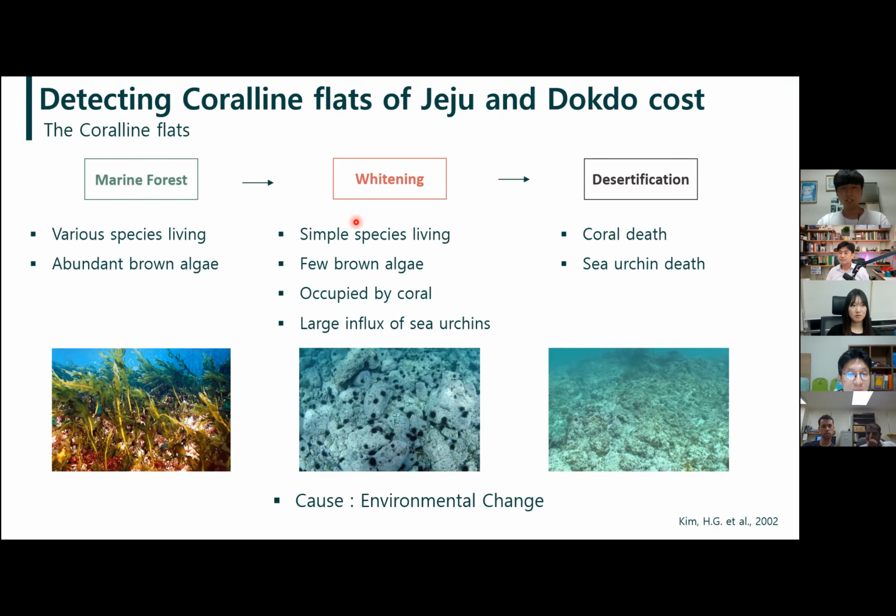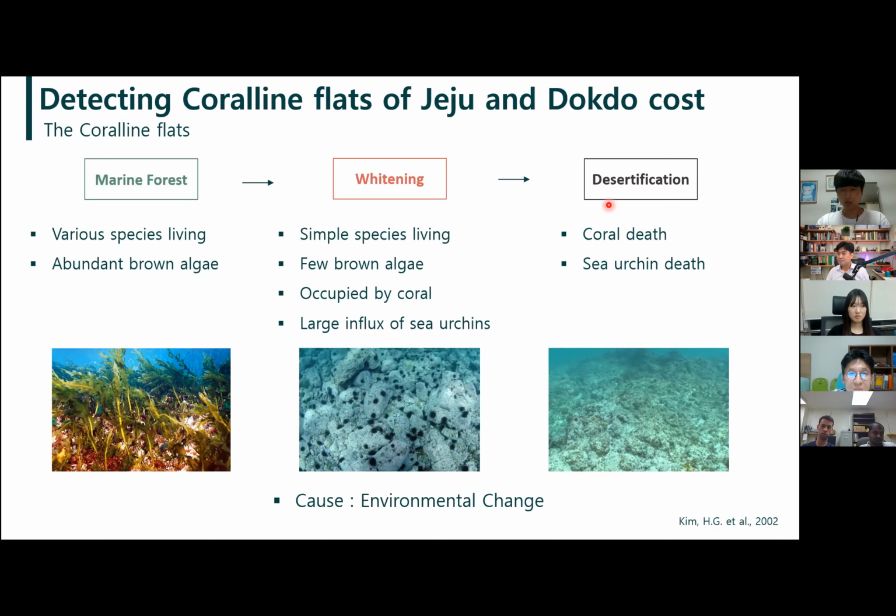If whitening is proceeding, it has the following characteristics: simple species living and few brown algae, and occupied by coral and a large influx of sea urchins. This is like a sea urchin.